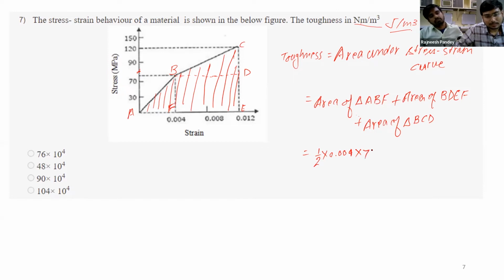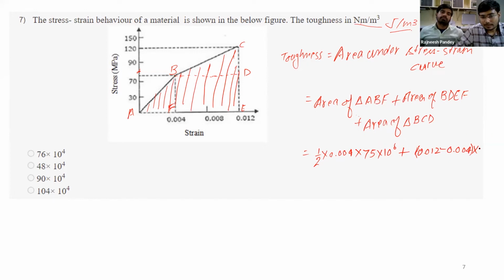So 75, this was in megapascal, so we multiply it by a factor of 10 to the power 6, plus the area of this BDEF rectangle. It is length into breadth. Length here would be 0.012 minus 0.004 multiplied by, this height is again 75.